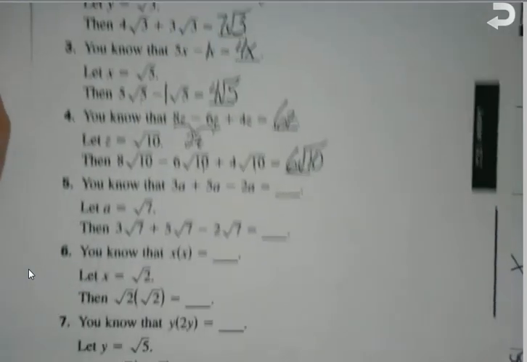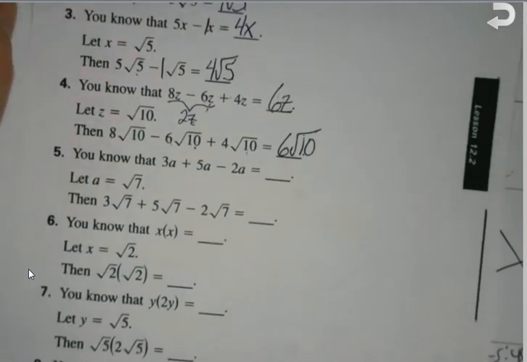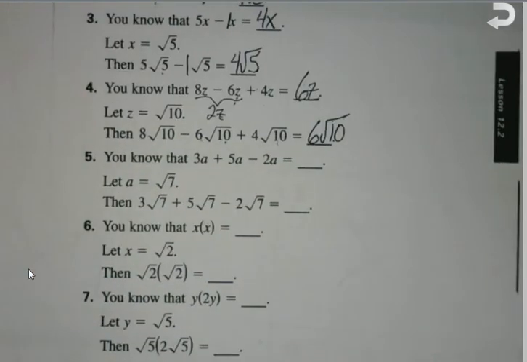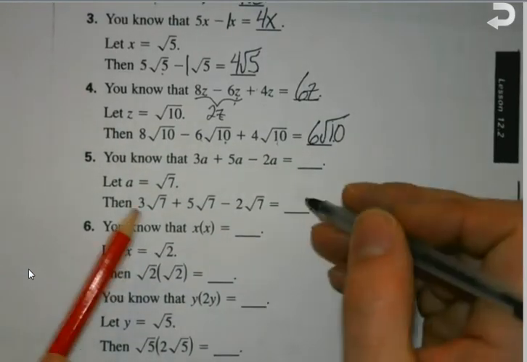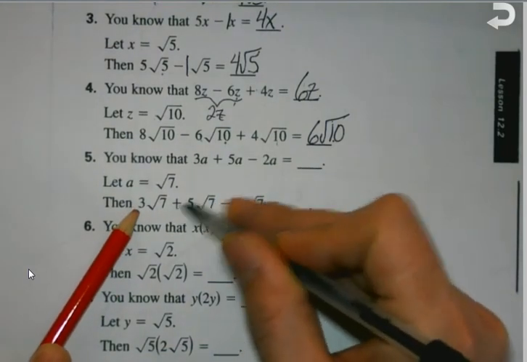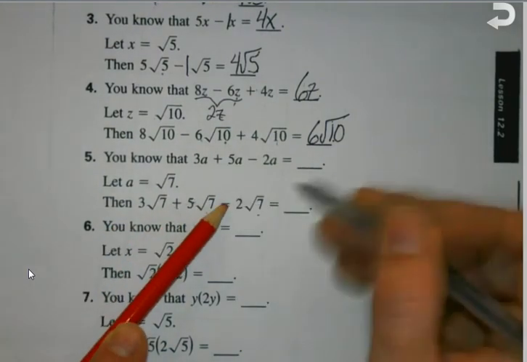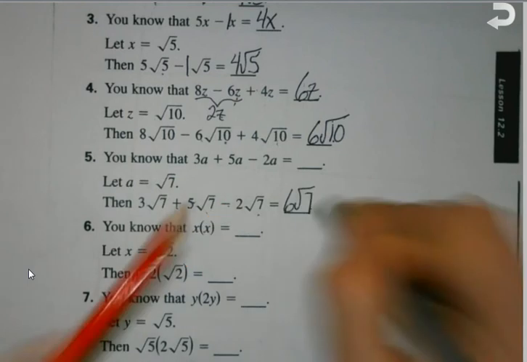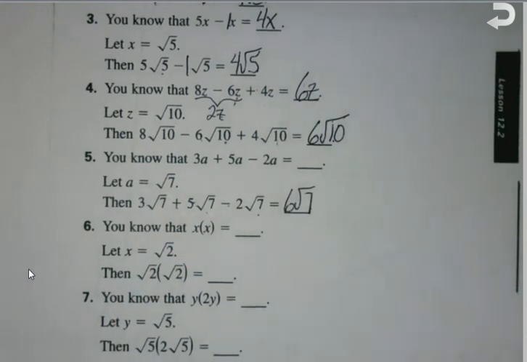And you just start to see how much of a similarity there is as we move from piece to piece. They're all square roots of 7. 3 plus 5, watch the signs, is 8. Minus 2 is 6. But again, the whole key is, are they the same?